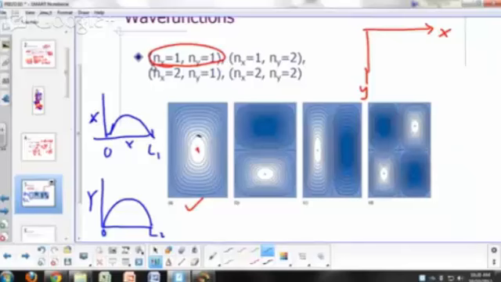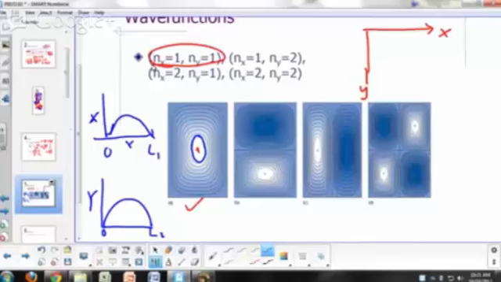Each of these contour lines represents all points that have the same value of psi. So this is a contour representation of the function. Imagine that you have that plus right there.